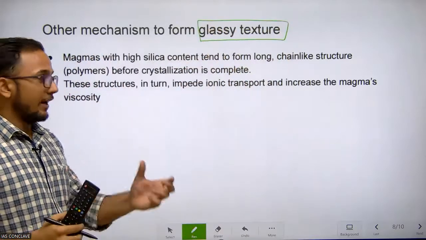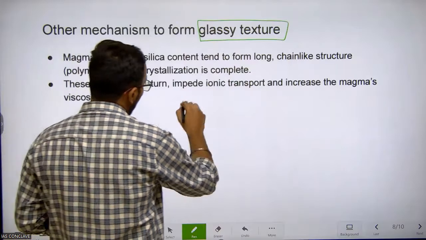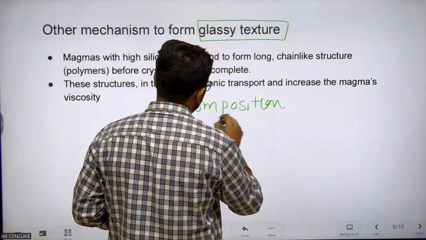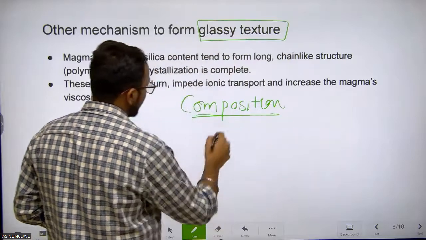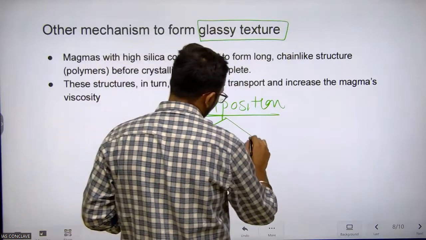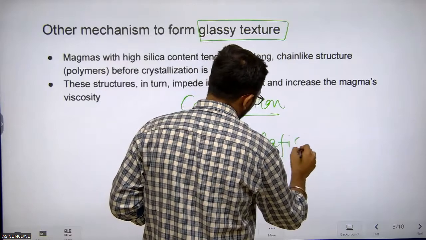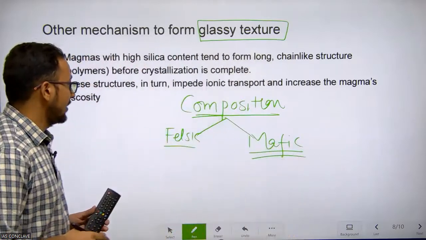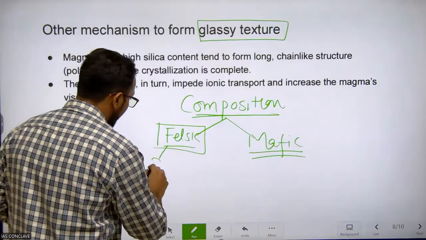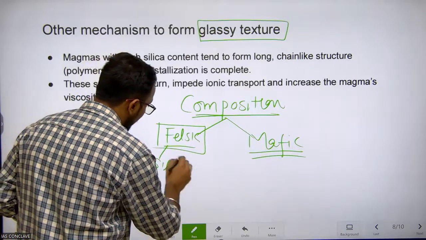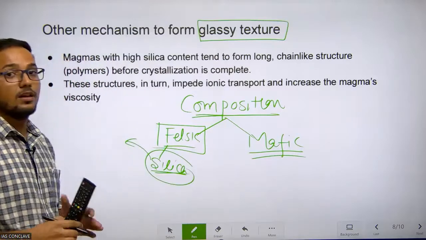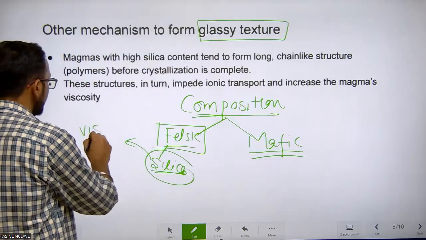We know the cooling rate affects the glassy texture, but composition also matters. The composition of the magma may be felsic or mafic. Mafic minerals are dark silicates, while felsic minerals are light silicates. If the silica content is very high, it makes the magma very viscous.